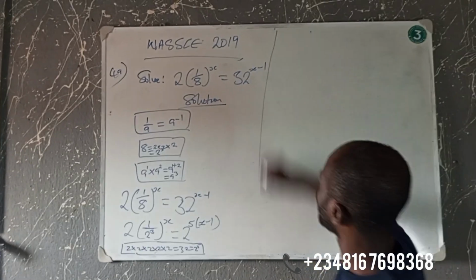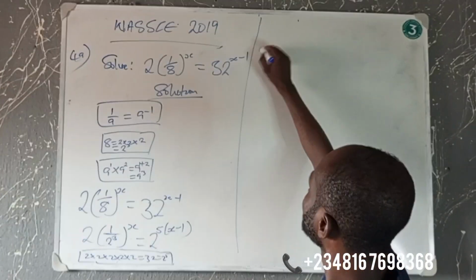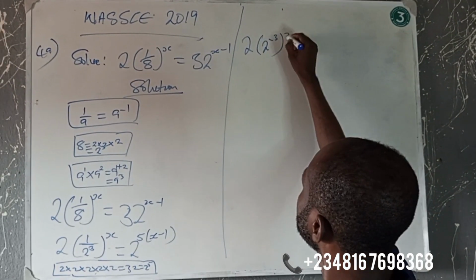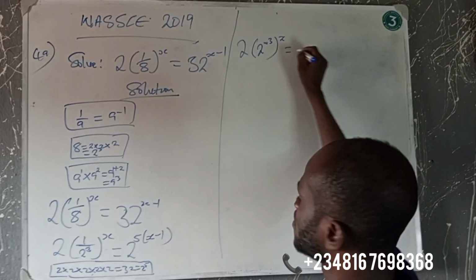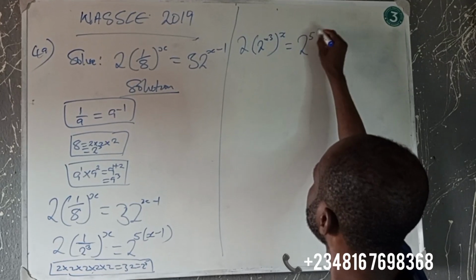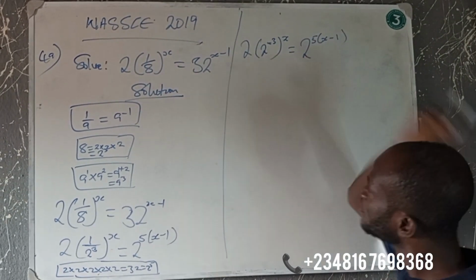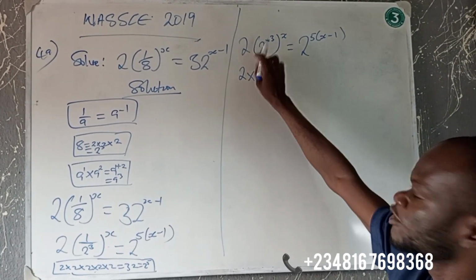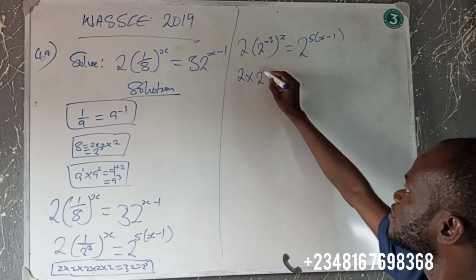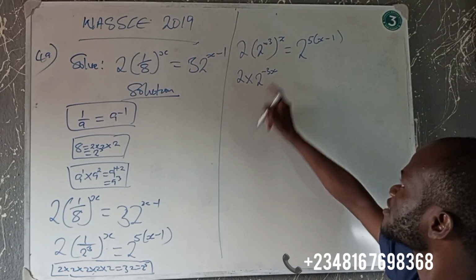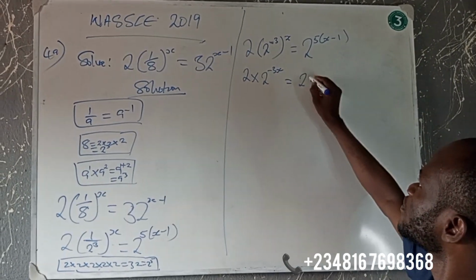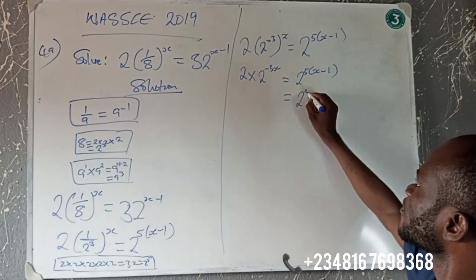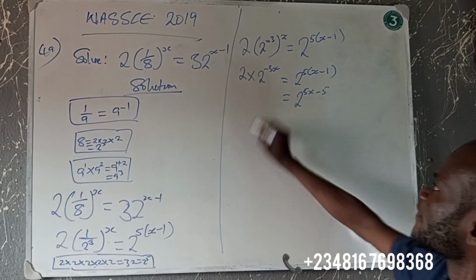So applying one of these rules too, we have that 2 of this equal to this, then times this in brackets. So in multiplication, times this opening bracket, we have this equal to 2 raised to power 5s minus 5.